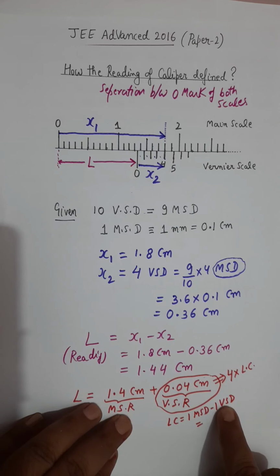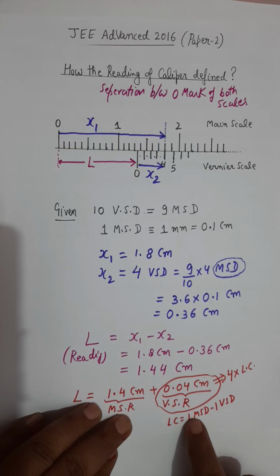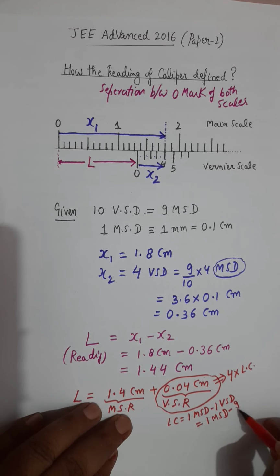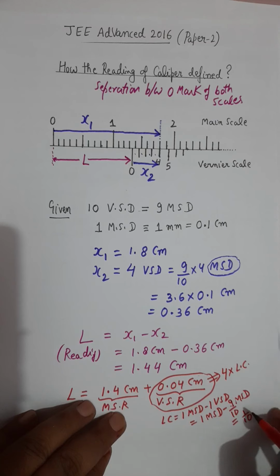Substituting, it becomes 1 MSD minus 9 by 10 MSD, which becomes 1 upon 10 MSD. 1 MSD is 0.1 centimeter, so the least count becomes 0.01 centimeter.